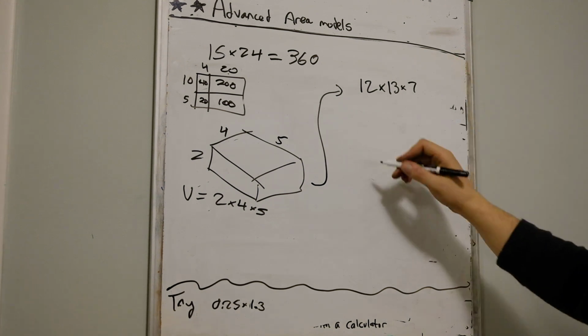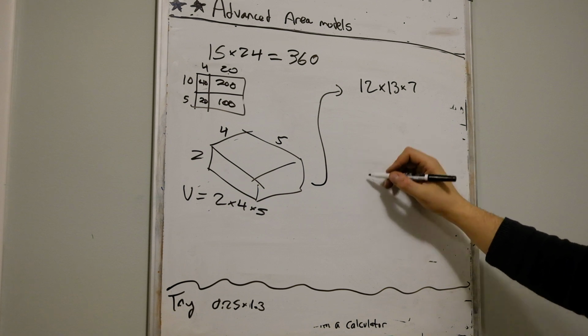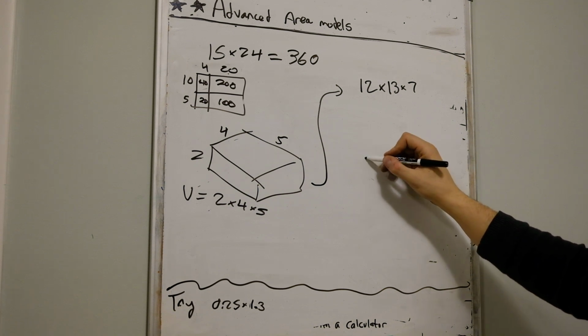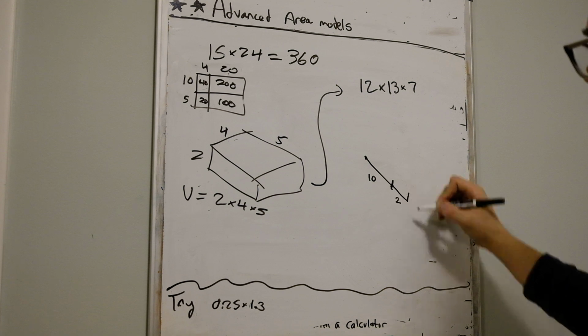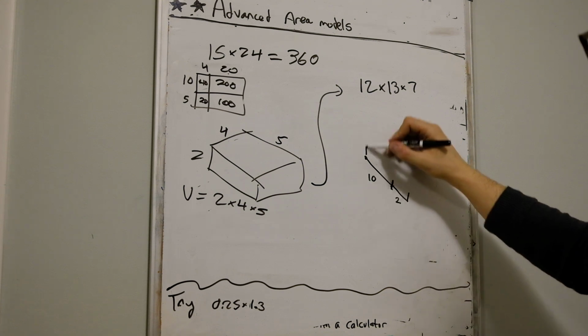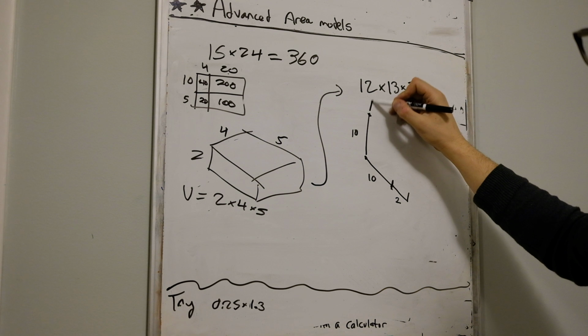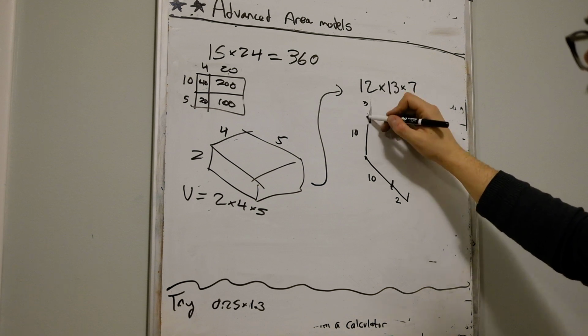We could think using this exact same area model. We could represent the idea of 10 and 2, and the idea of 13, which is 10 and 3.